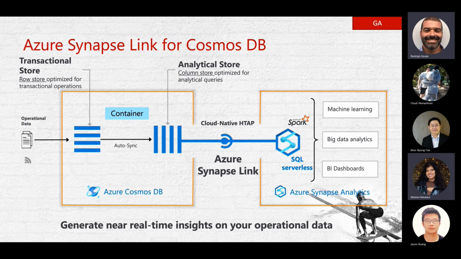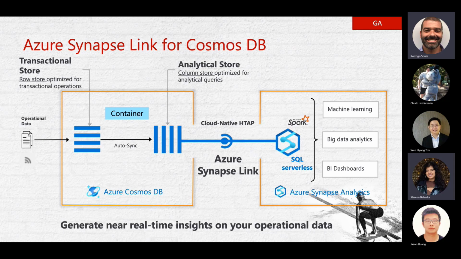It's in a columnar format. We call this data the analytical store. An analytical store is a columnar format that is optimized for analytics. And this analytical store can be accessed and queried through what we call Azure Synapse Link. That's the cloud native link between Azure Synapse runtimes and the analytical store in Cosmos DB.